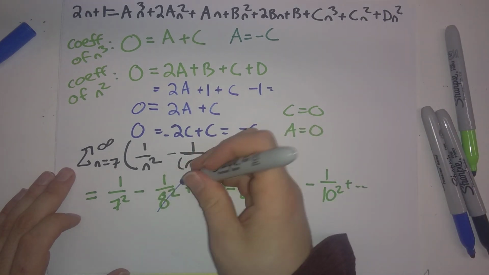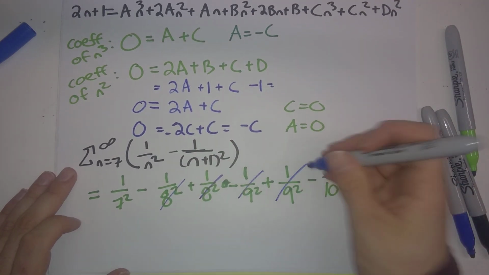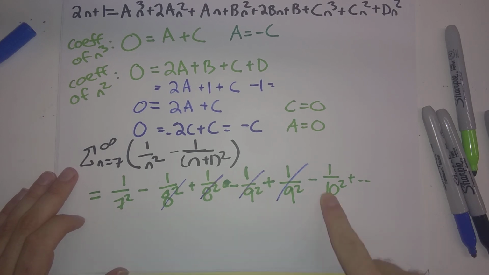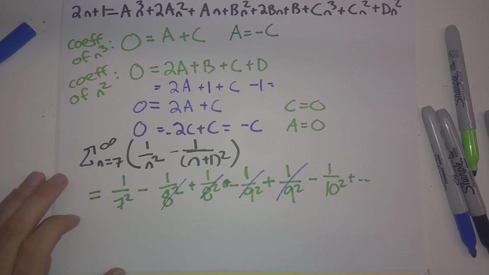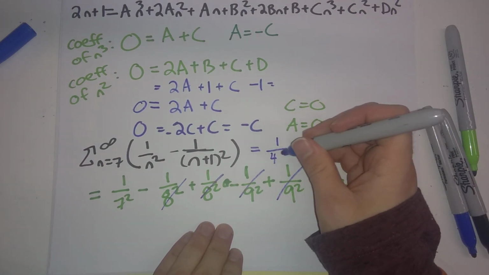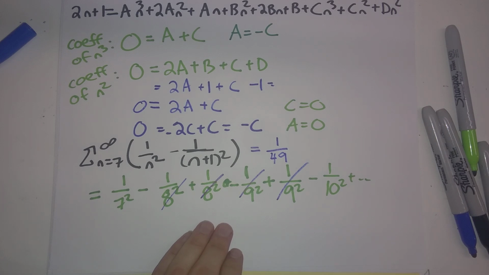And we can see that we're going to get cancellation here. We're going to get 1 over 7 squared minus terms where the denominator is getting ever bigger and bigger and bigger, which means that those terms are going to 0. So that says here that this is going to be 1 over 7 squared, which is 1 over 49.